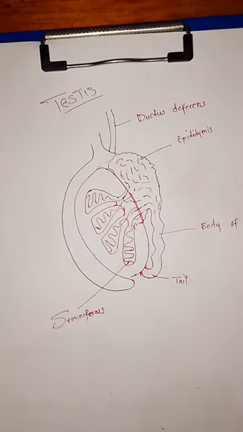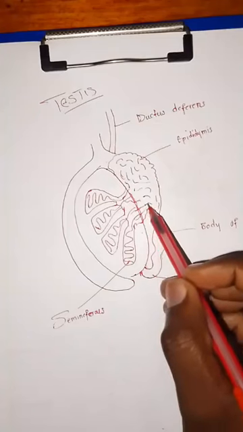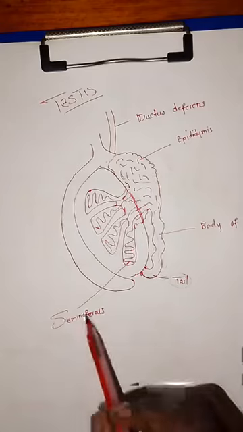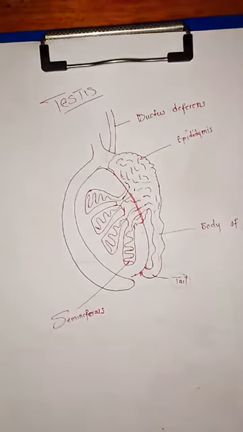Then, at this site, we have a structure known as the rete testis in the mediastinum of the testis. We are going to understand more as we do the gross anatomy on these things. The part I want to focus on is this one. In the seminiferous tubule is where we see the whole process of spermatogenesis taking place.